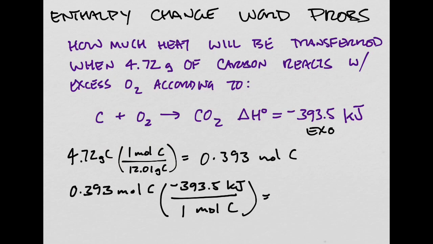And if you were to chuck this into your calculator, it would be negative 155 kilojoules of heat that would be released. It is important that you add that heat is released, so I know that you know that it's an exothermic reaction. All right, so there you go.